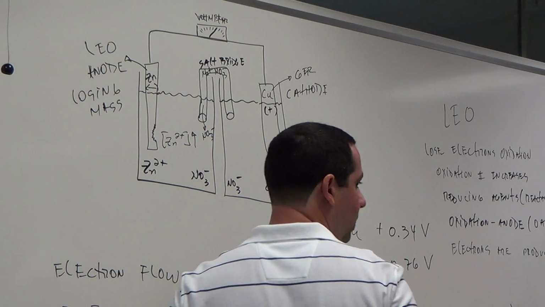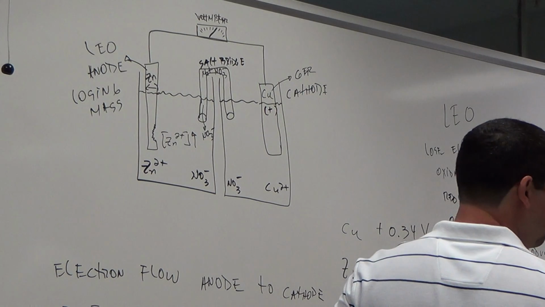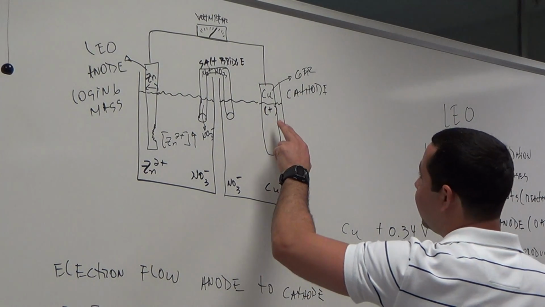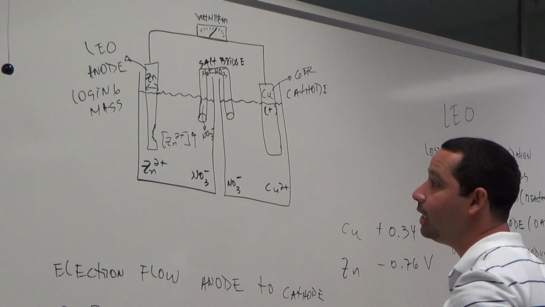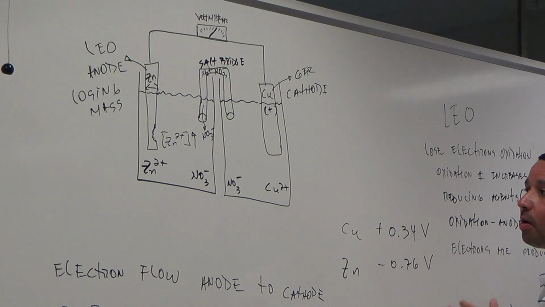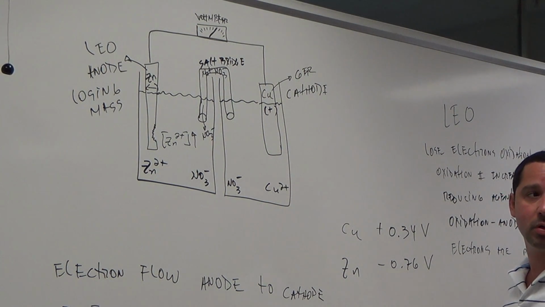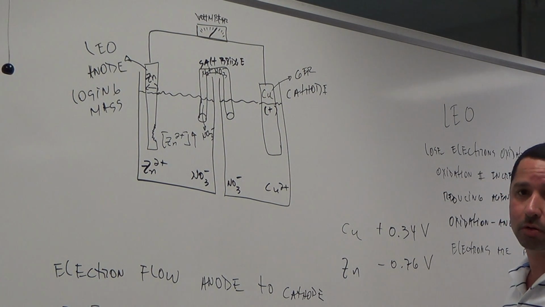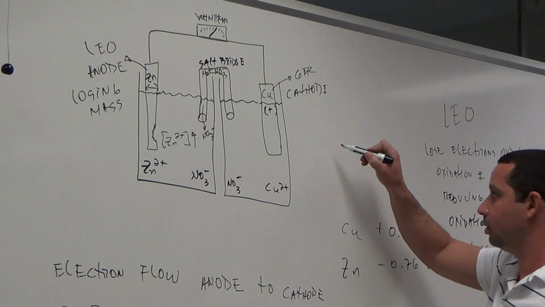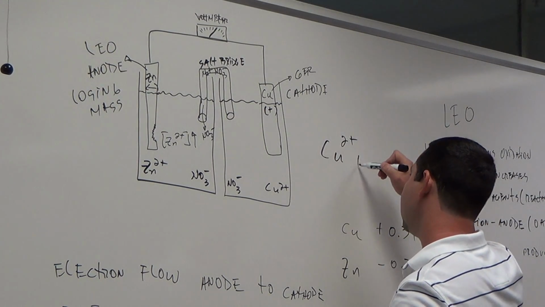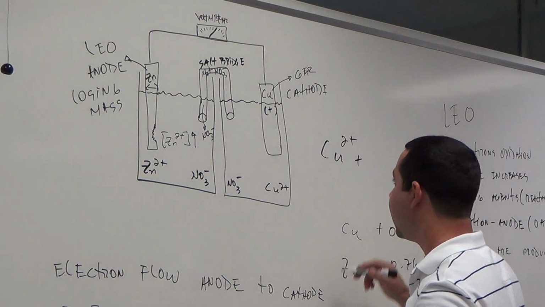Now, what is happening here is that this copper, once it has the electrons, is going to gain the electrons. It's going to go from copper 2+ to copper. This is GER: gain electrons.